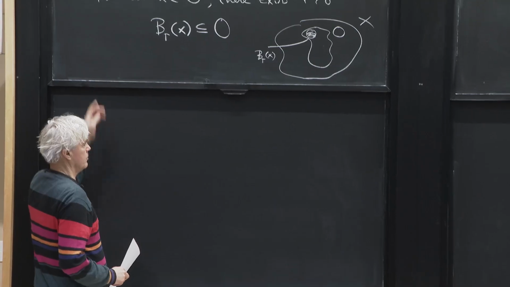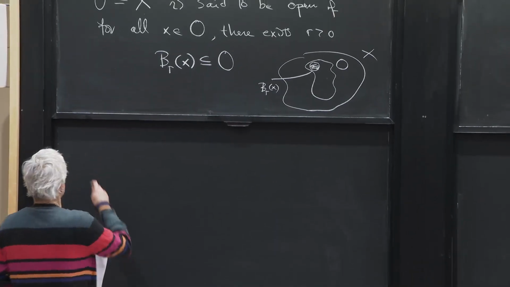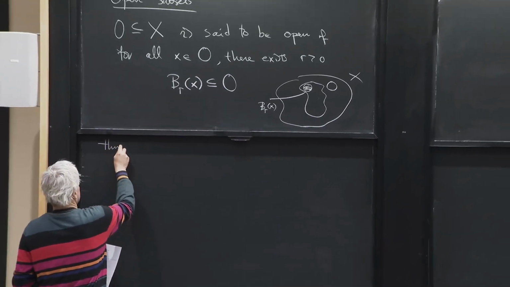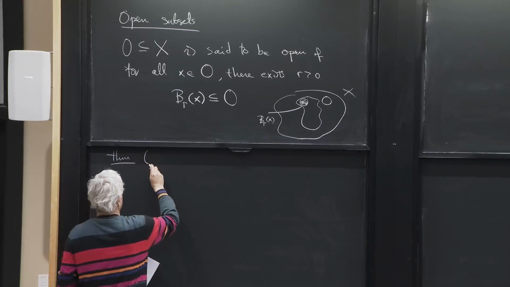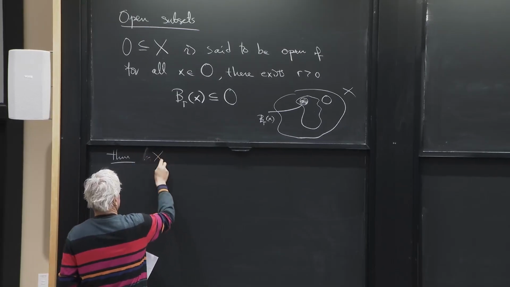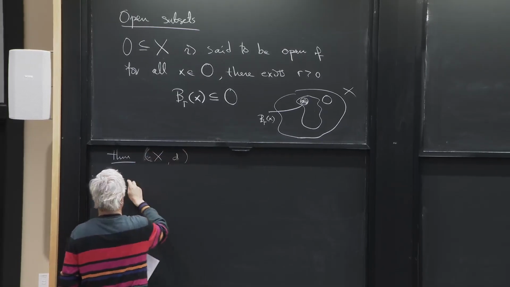A few things we proved: one thing we proved is that, again, (X, d) is a metric space.